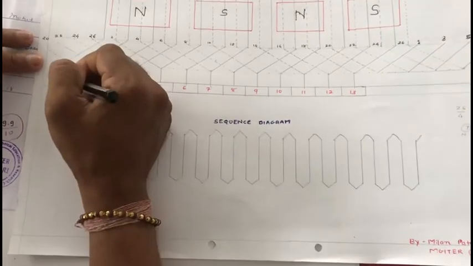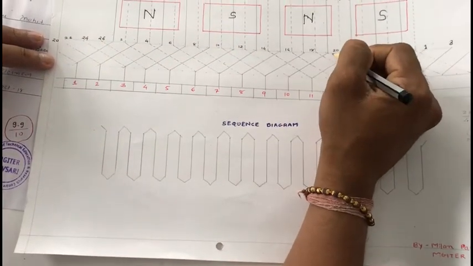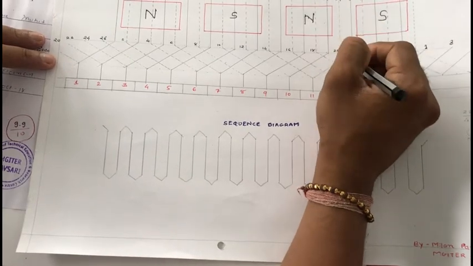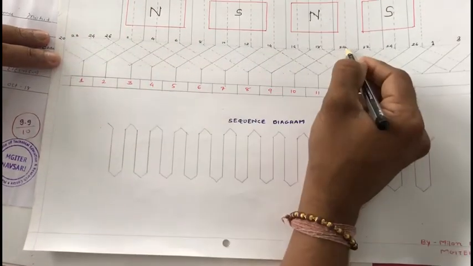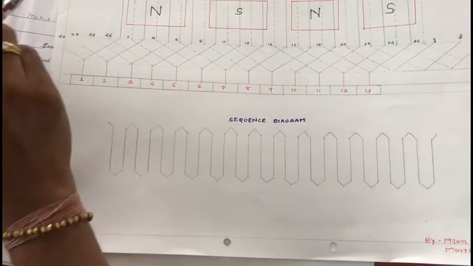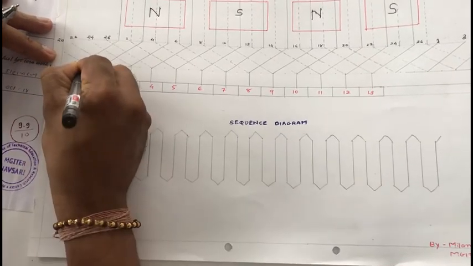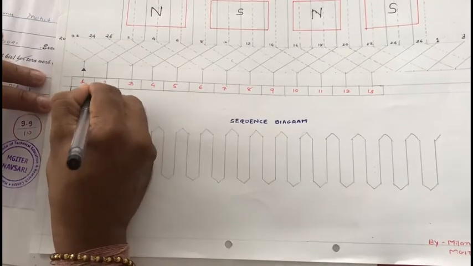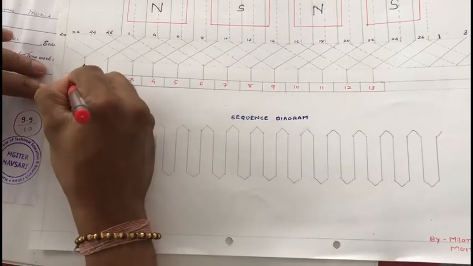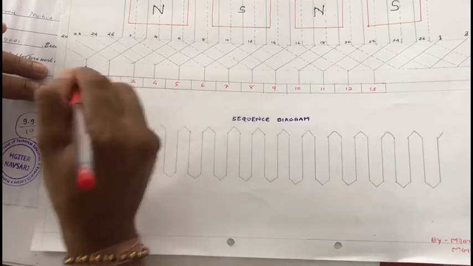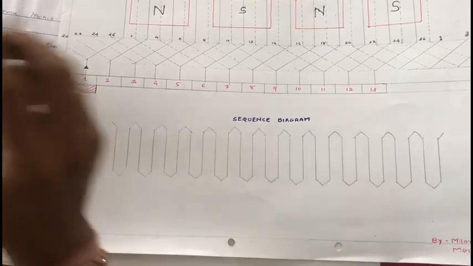Conductor 1 has upward direction and conductor 20 also has upward direction. So give the position like this, upward direction, and provide the positive brush.